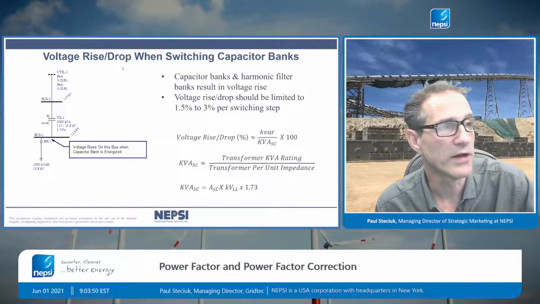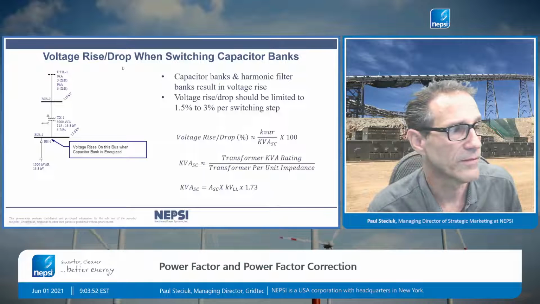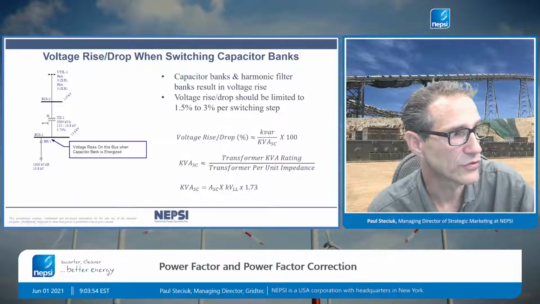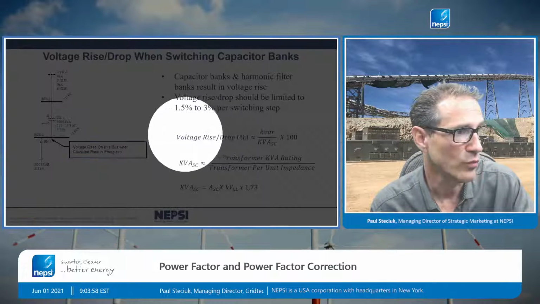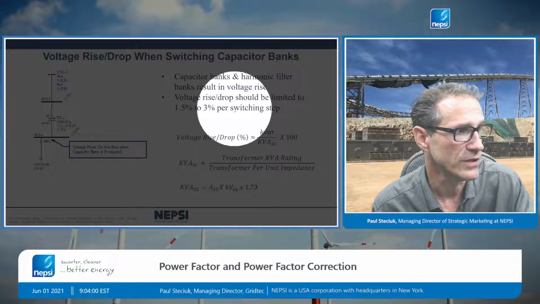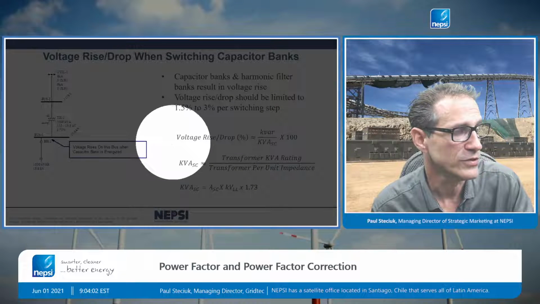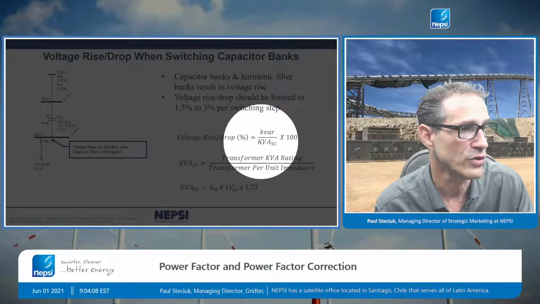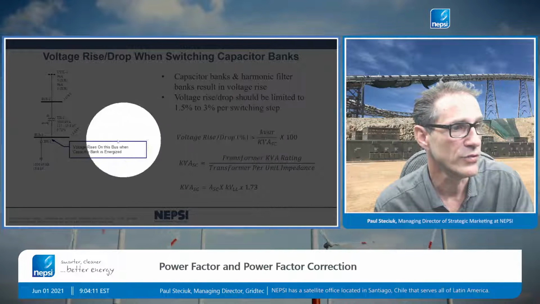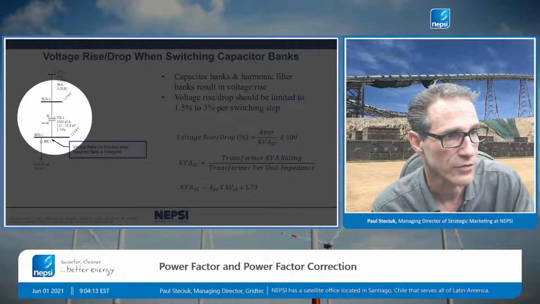So voltage rise is the other concern we talked about. The formulas for calculating voltage rise and voltage drop are very easy. You see here I'm saying 1.5 to 3% per switching step. So if I need to come up with my switching step, I'm using this formula here. What size bank can I put in based upon the short circuit impedance of the network, which really determines the impedance of the source.